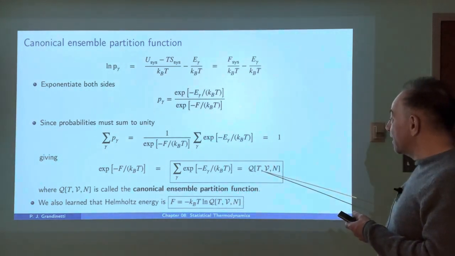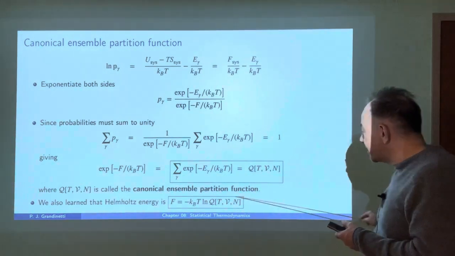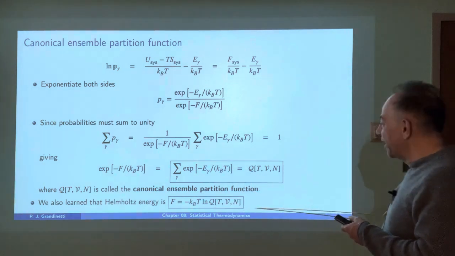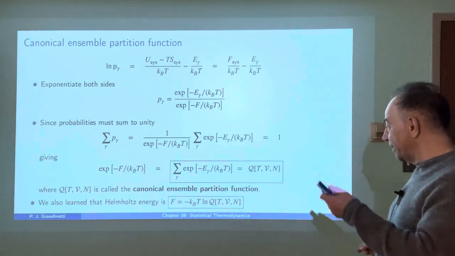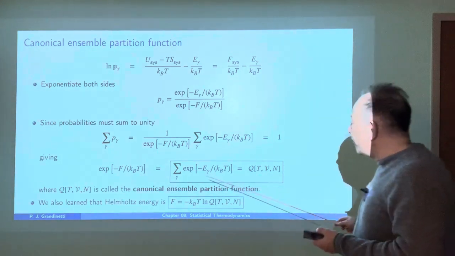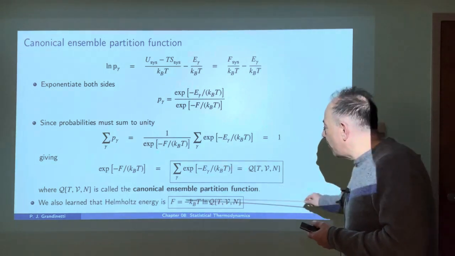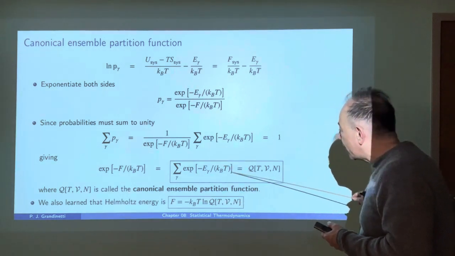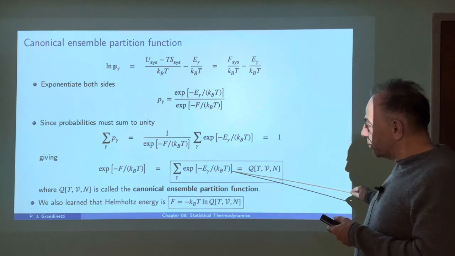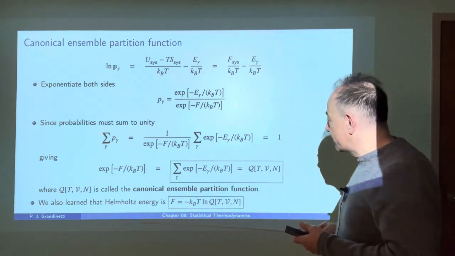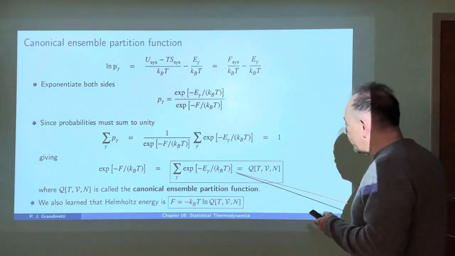So if I take the log of both sides, I see that from this function, I can derive the Helmholtz energy term. So now we find that this function here contains information about the thermodynamic properties. So here we have the microscopic picture, which is the energy of the different microstates that the system has available to it.